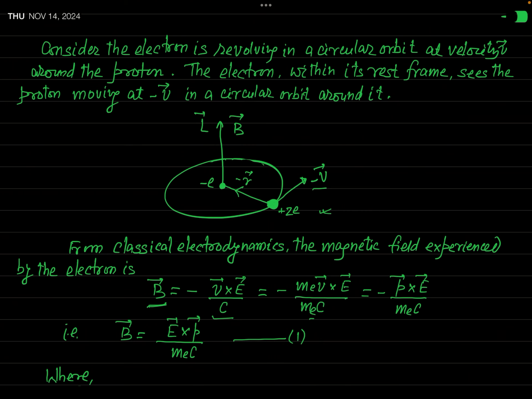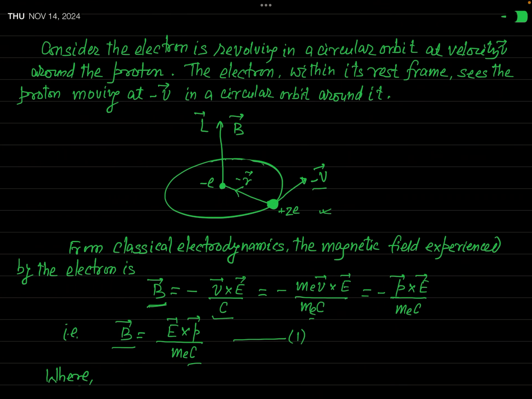But m_e times v is written as p, which is the linear momentum of the electron, divided by m_e c, cross E. Here E is the electric field. How this electric field is present here, we will explain, from where this electric field comes in this expression. So B is given as E cross p divided by m_e c.